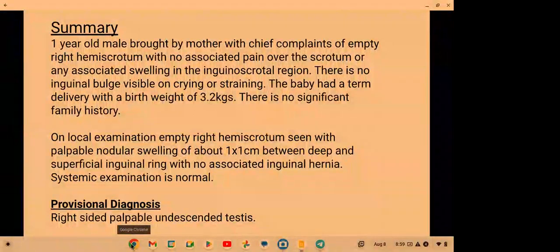Hypospadias of proximal variety like perineal hypospadias and bilateral undescended testis, you will have to think of whether the patient is male or female. You will have to go for karyotyping. Both testis impalpable and perineal hypospadias or penoscrotal hypospadias, you will have to go for karyotyping.